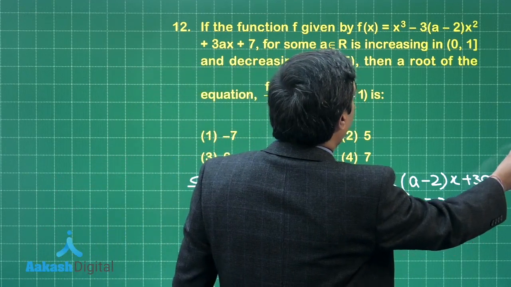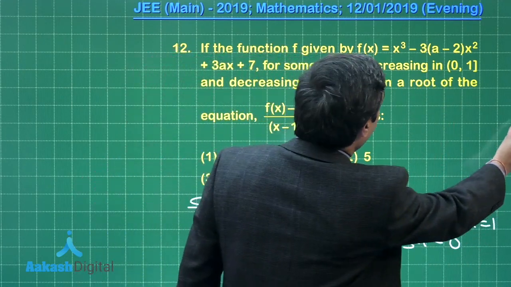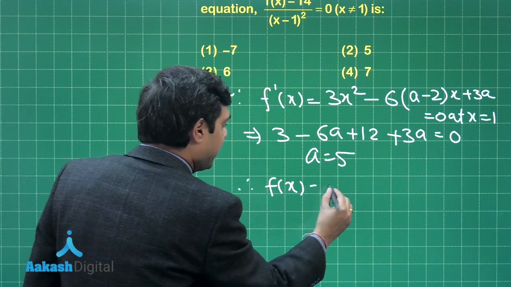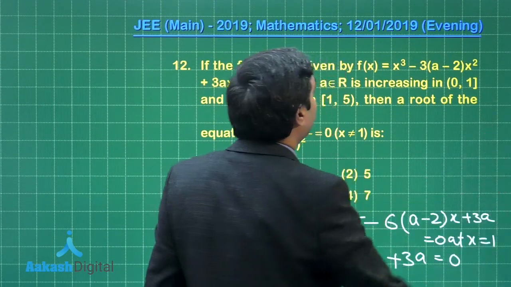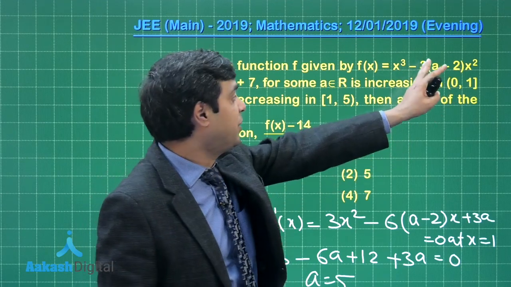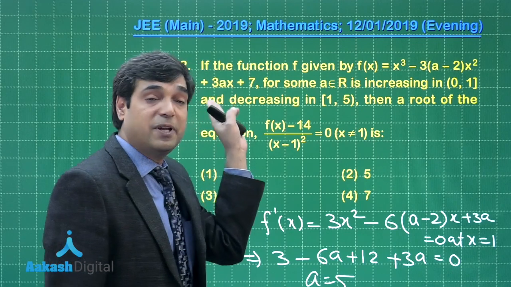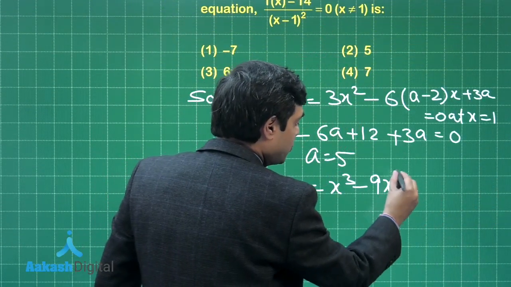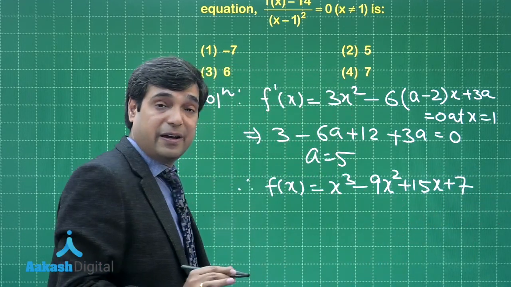Substitute the value of a back in this function to get f(x). Therefore, f(x) equals x cube minus, let us see the next term here, 3 into (a minus 2), a is 5. So, it is simply 3 into 3, that is 9x square, then plus 15x plus 7. So, minus 9x square plus 15x plus 7, that is the function f(x), right.